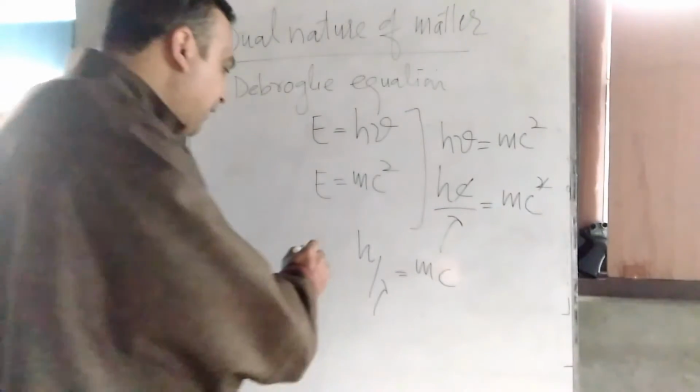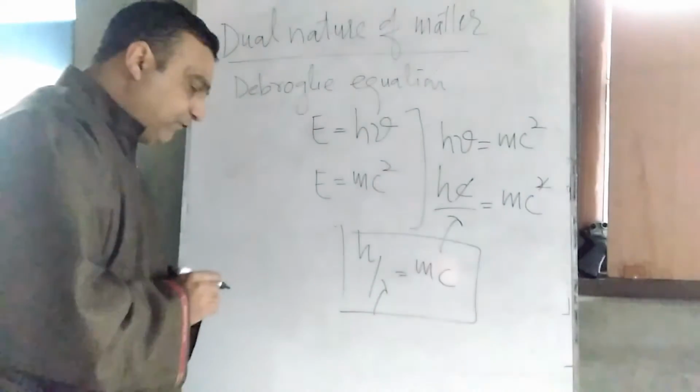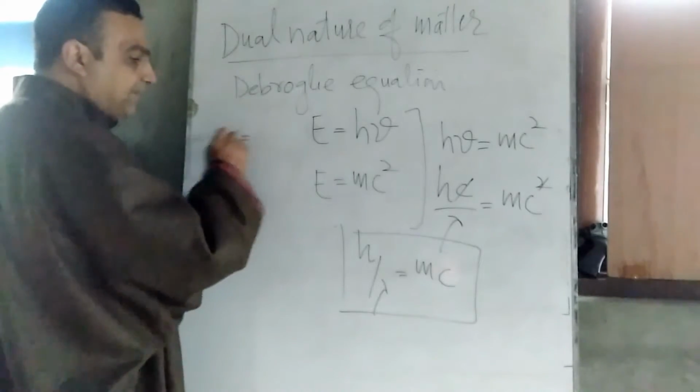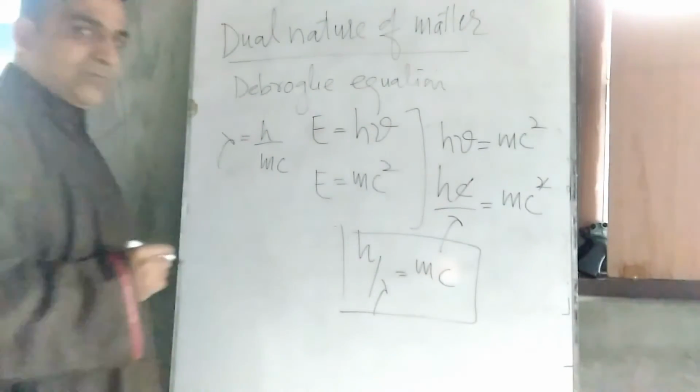And if we write down this lambda here, this lambda will be h by mc.